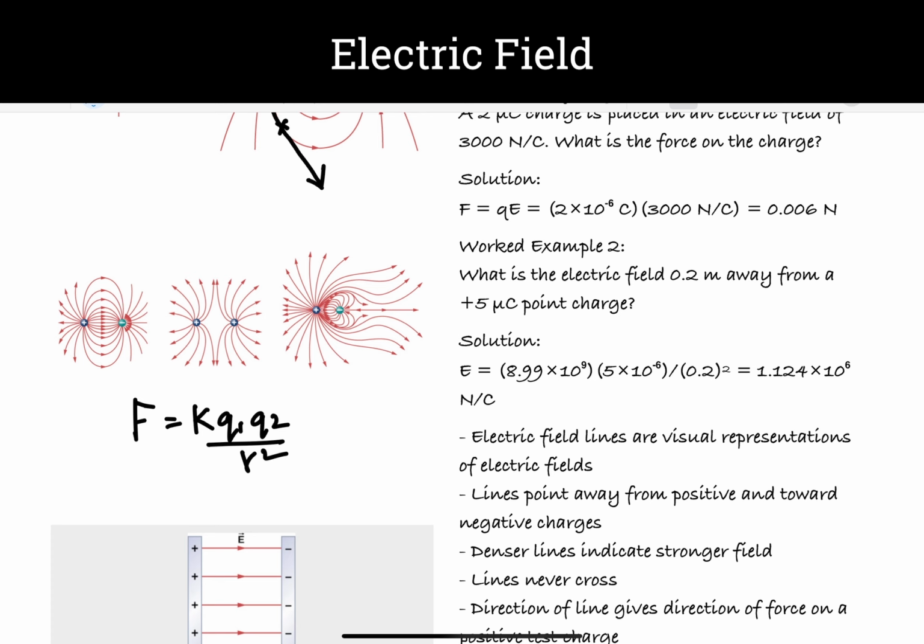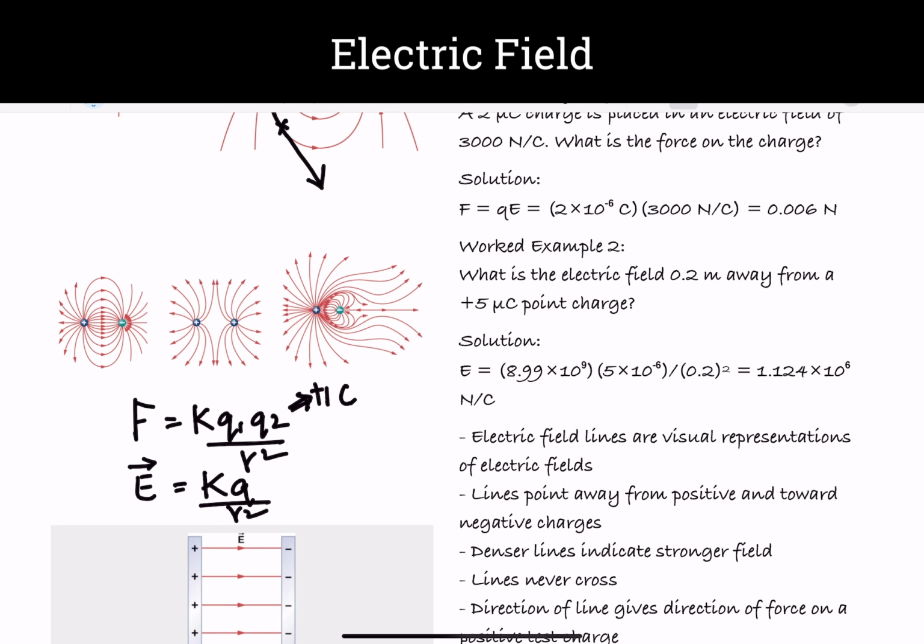Now, if you replace one of the charges with +1 coulomb, then F becomes E, because that's how we defined electric field. We defined that electric field is the force acting on a +1 coulomb due to this charge Q. So that's where you get that new formula for electric field, which is KQ by R squared.